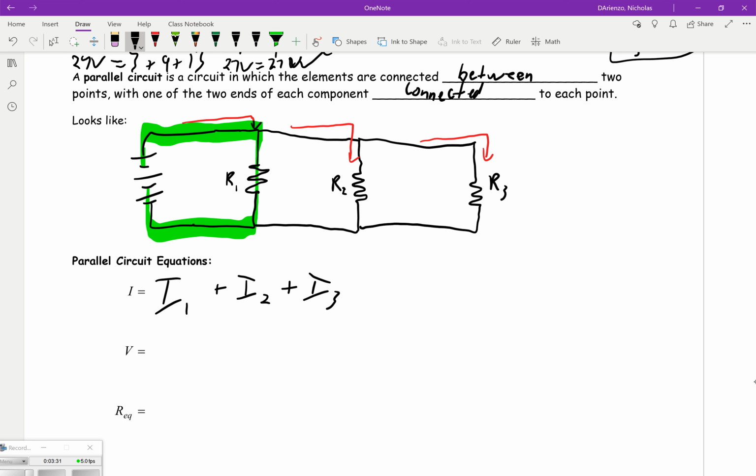The current flowing through each branch will give us the total current in the circuit, the current leaving the battery, and so on, however many we were to have. So this is the sum of all currents to each resistor.